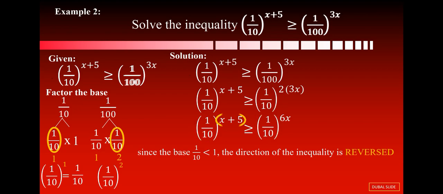Now, again, we copy x plus 5. Then our inequality, greater than or equal to, will be reversed and become less than or equal to. Then on our right side, we copy 6x.